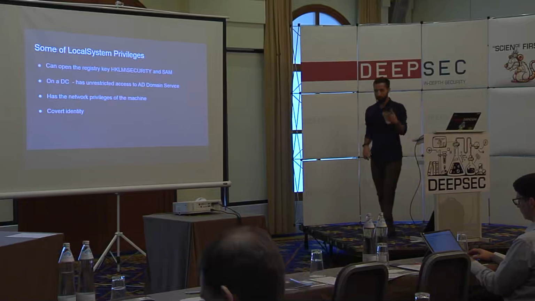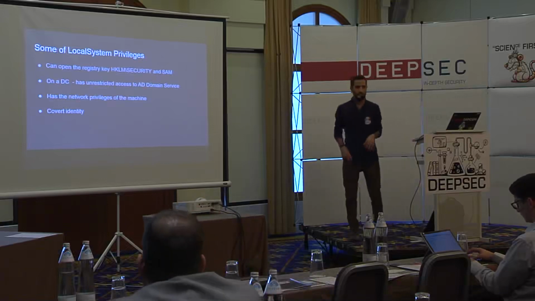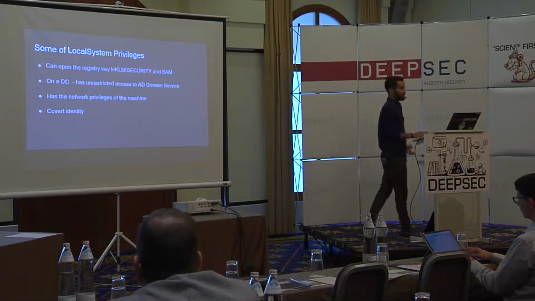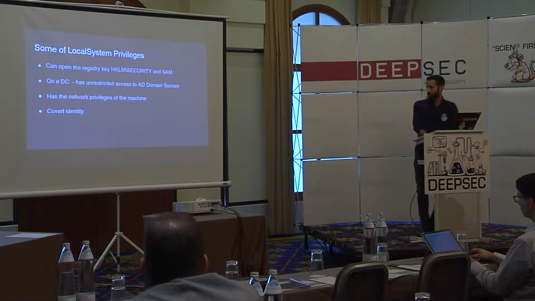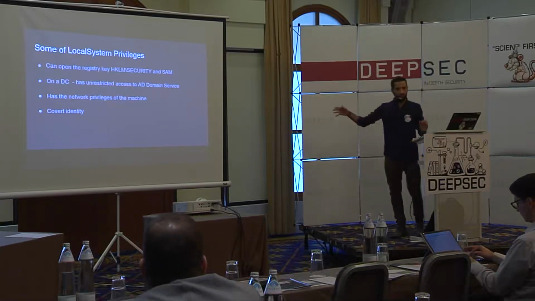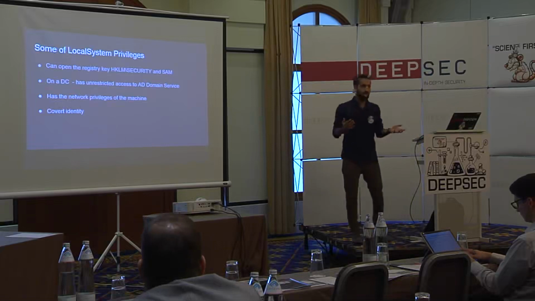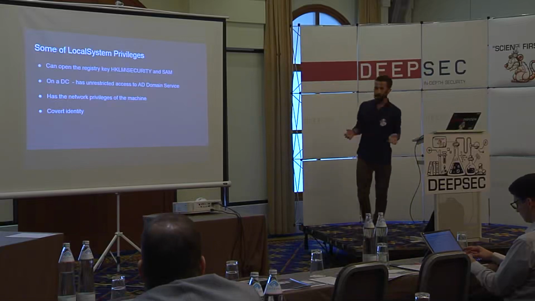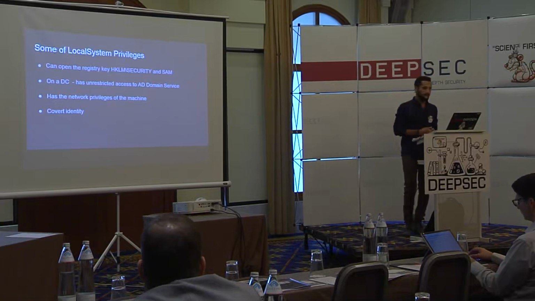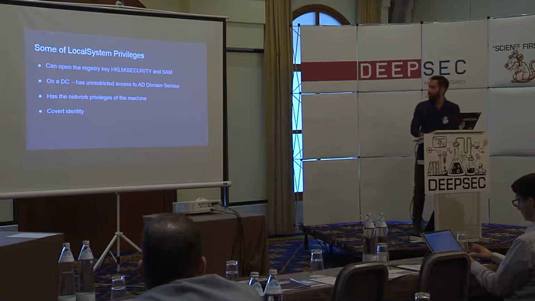It can log on to services on the network as the machine, as the operating system, and not as any of the users. And it has a covert identity, because everything you do as SYSTEM will be hard to identify as to whether it's malicious or a real action done by the system.